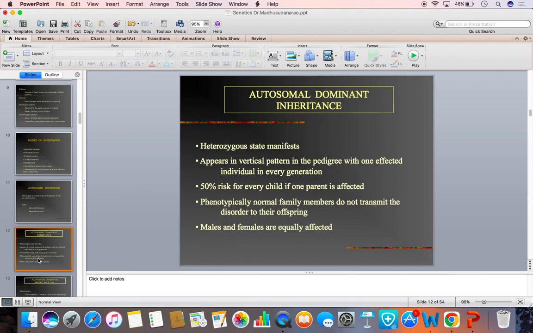The disturbance is caused by the abnormal protein, which is the result of the abnormal gene. Okay, it manifests. That means this particular gene dominates the functions of the normal gene. That's why it is called dominant inheritance.